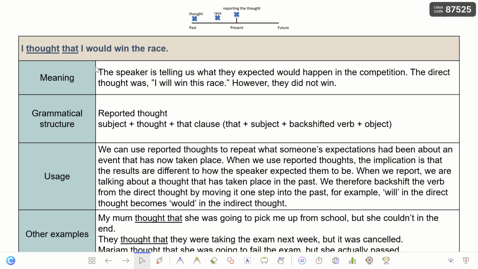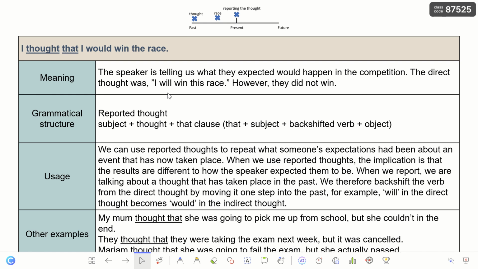The first topic, I thought that I would win the race. The first topic is related to reported speech. Okay, so when I say I thought that I would win the race, that means that the speaker is telling us what they expected would happen in the competition. So the direct thought was the direct speech.